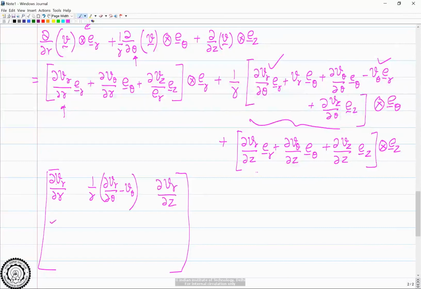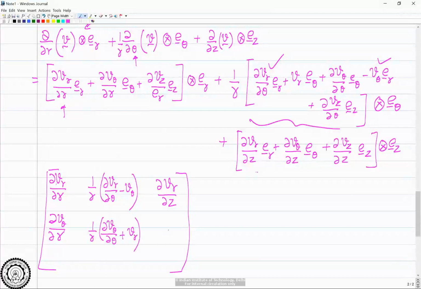Okay, then you come here, this is E theta tensor product Er. So that's just one of these, which is del V theta by del r. Then E theta tensor product E theta, so it has also got 2 of them, and it is 1 by r del V theta by del theta plus Vr.